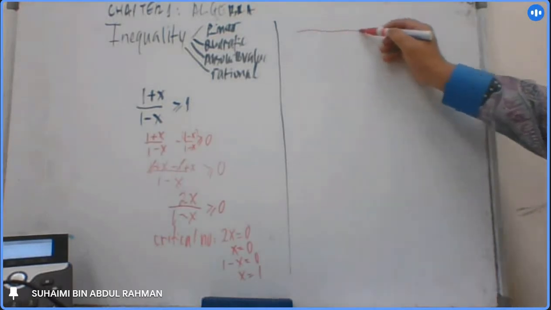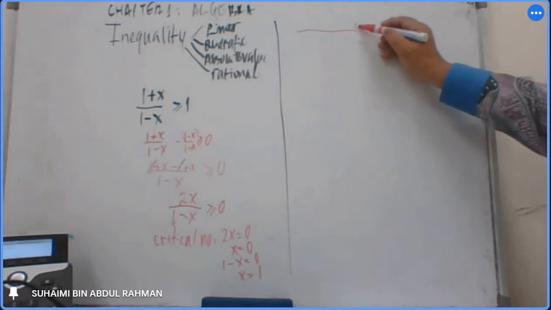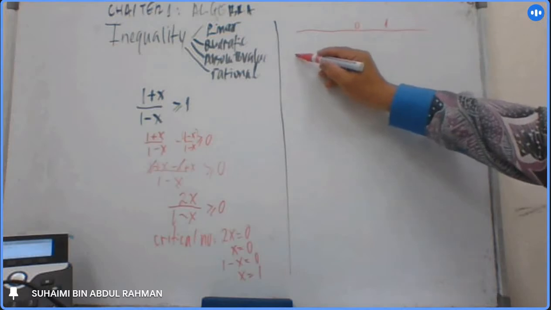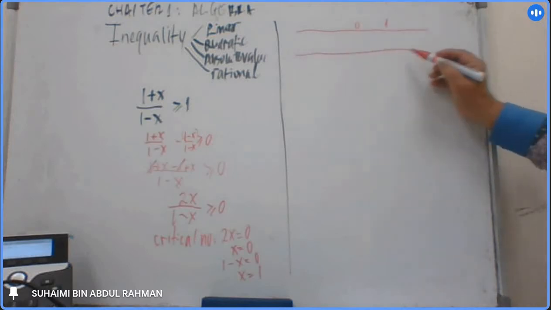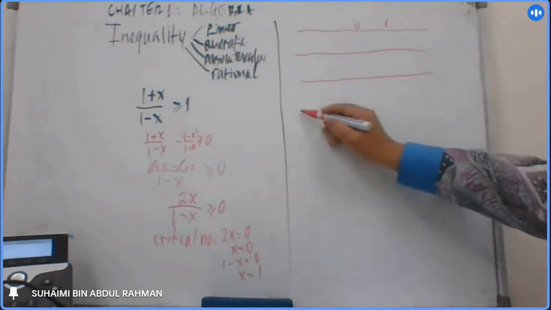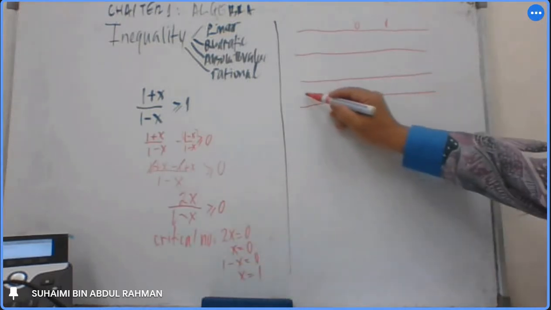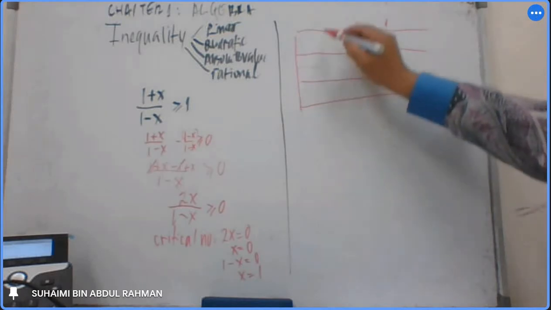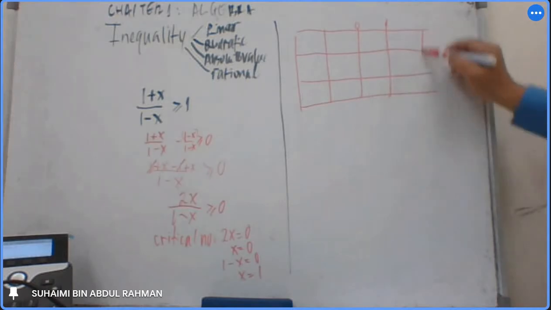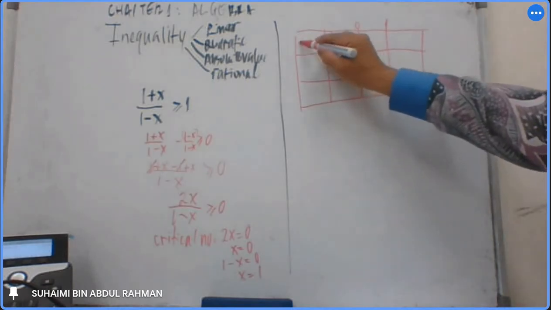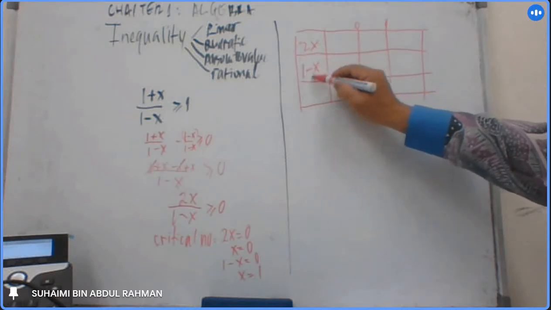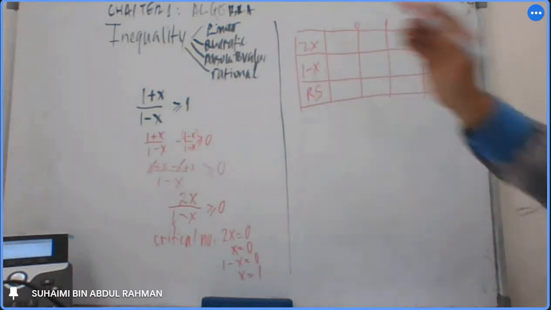Imagine that number line: 0, 1. We want to test for 2x, and for 1 minus x, and the resulting sign.